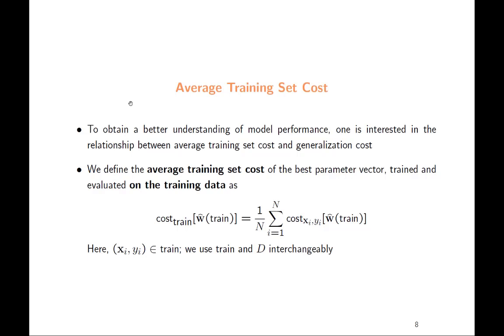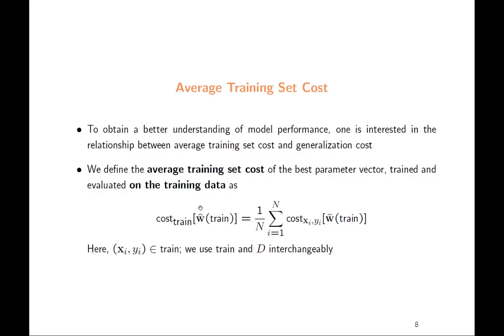To obtain a better understanding of model performance, one is interested in the relationship between the average training set cost or error and the generalization cost. So this is how we write it. This is the average training cost.